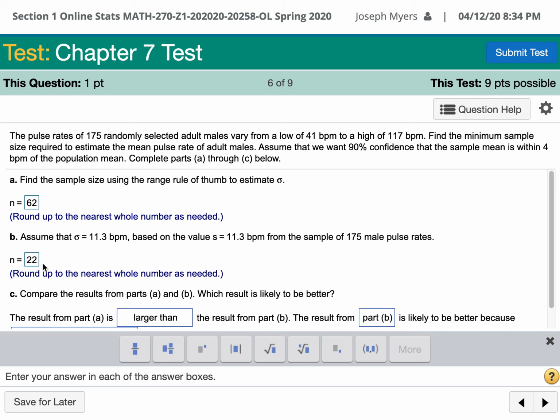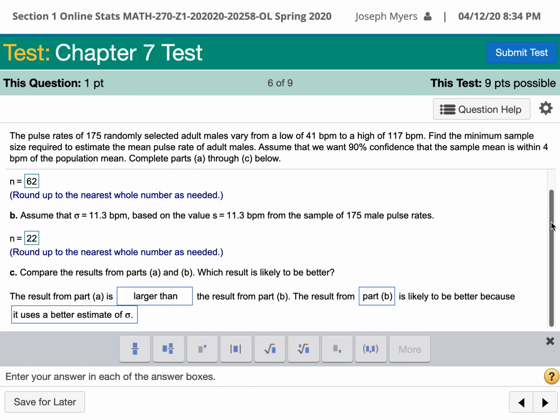For example, we ended up using a smaller sample size if we base our future estimates and statistics on our previous measurements of data that we've already taken. So it's better to build on your existing data than to just start from a completely unknown assumption like the range rule of thumb. But if you don't have any prior information, then it's still fine to use the range rule of thumb to estimate the standard deviation.